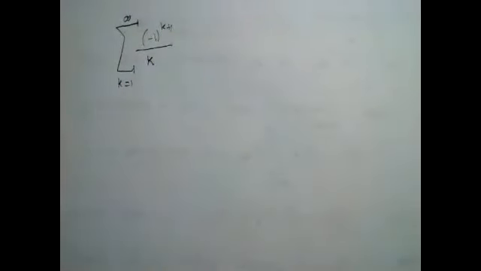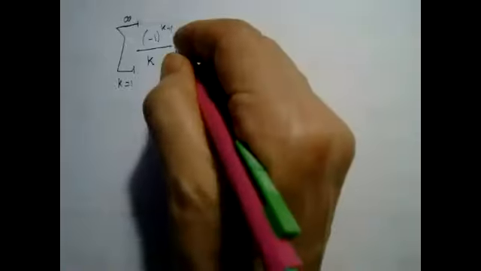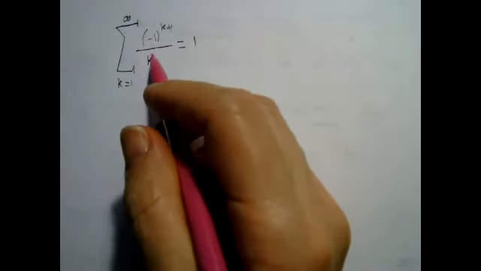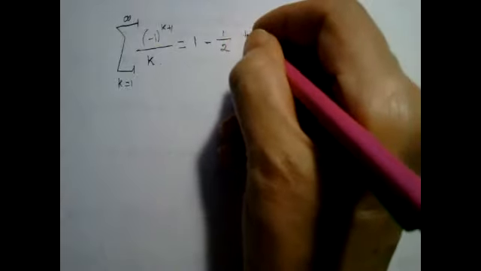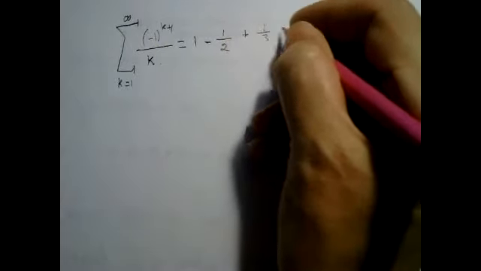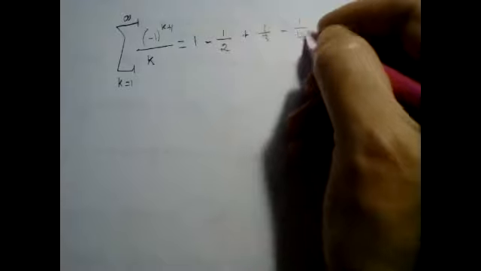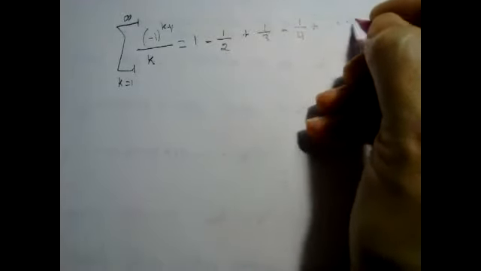All right, that's my sum. If we write it up, we get a 1 for k equal 1. So I will have a 1 minus a half plus a third minus a fourth, and so on and so forth.